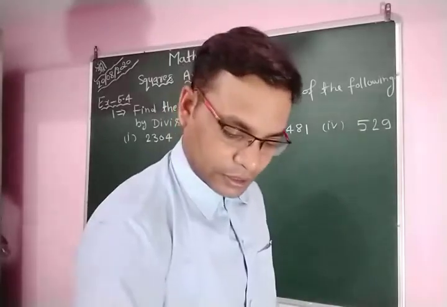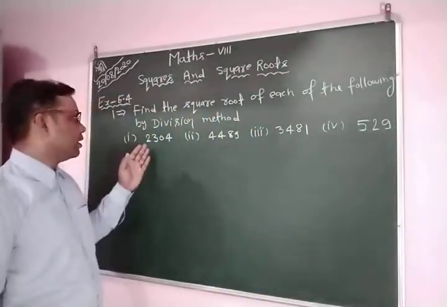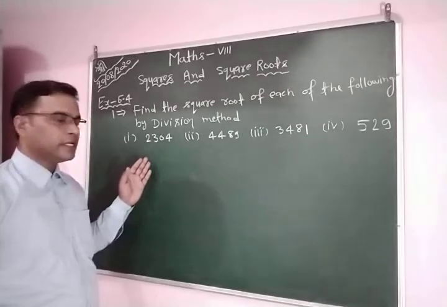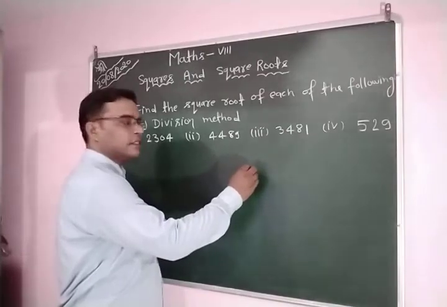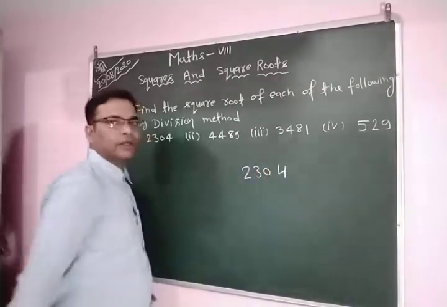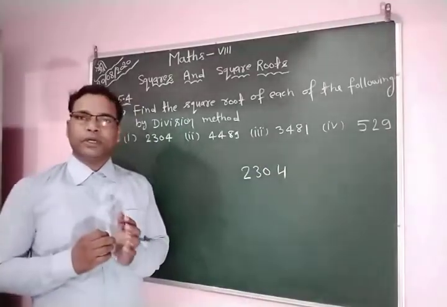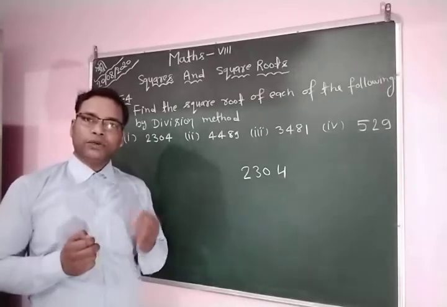Okay, so these are the given numbers. This is 2304. First we put a bar over pairs of digits from right to left.